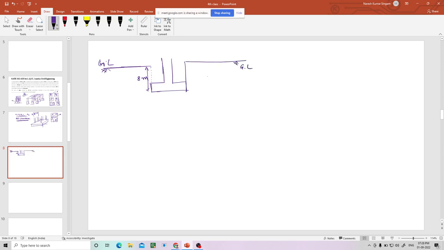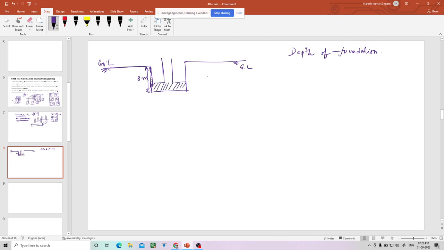You need to know another term called depth of foundation. Depth of foundation is the distance between the ground level and the bottom of the footing. Okay, this is called depth of footing. This 8 meter from the ground level to the depth, and this is the footing.